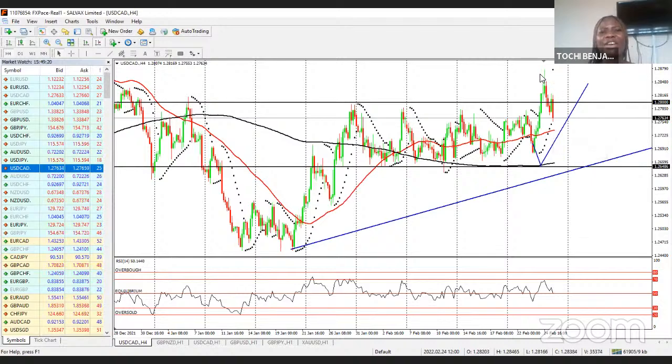What I was expecting, if the uptrend should continue now that it has broken this range, is that it comes back and does a retest of price. I wouldn't expect it to fall back into the range.